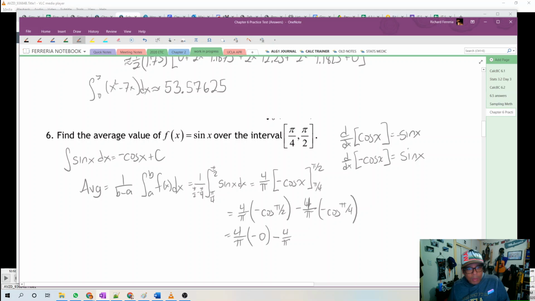Minus 4 over pi. Now the cosine of pi over 4 is root 2 over 2. So negative root 2 over 2. This term is 0. This term, if I multiply that, I get 4 root 2 over 2 pi. Which simplifies, of course, into 2 root 2 over pi. So that is my average value.